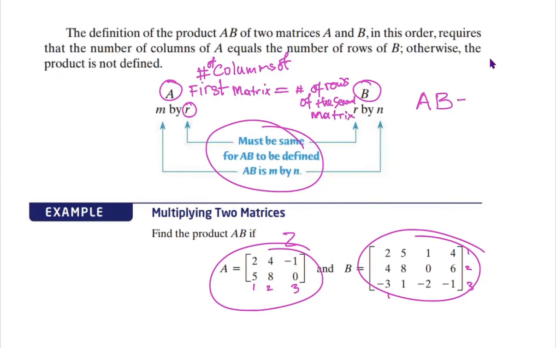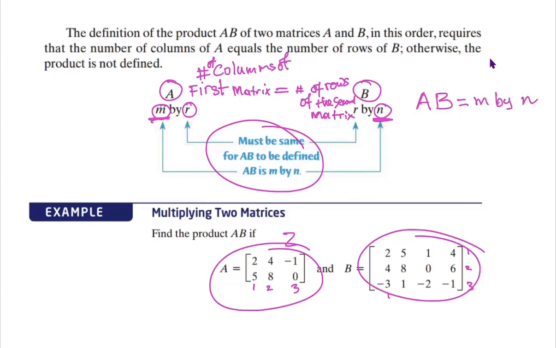And then the product AB will have the same number of rows as the first and the same number of columns as the second. So the result will be a matrix of dimension M by N.